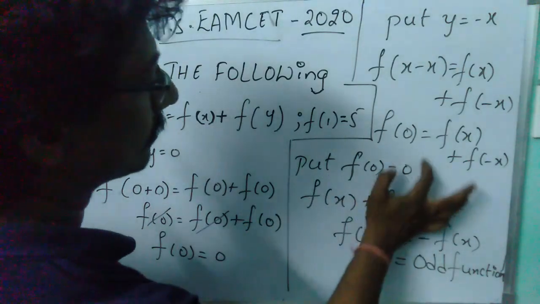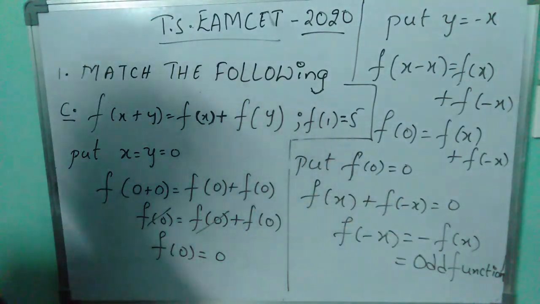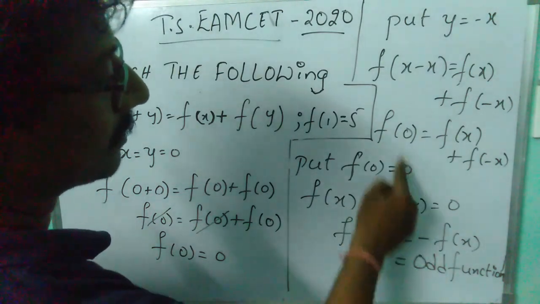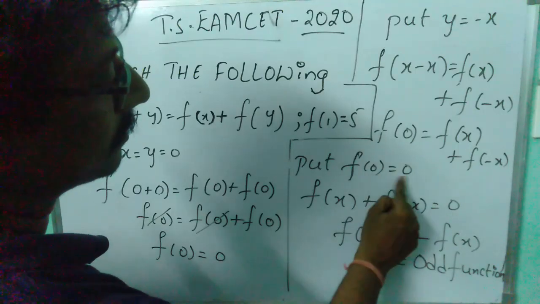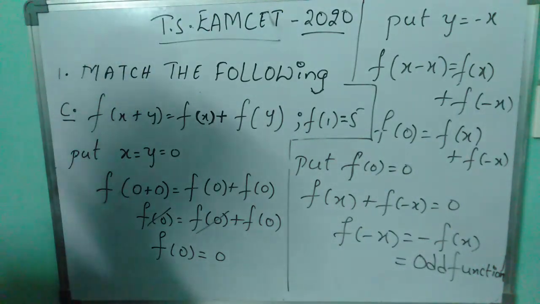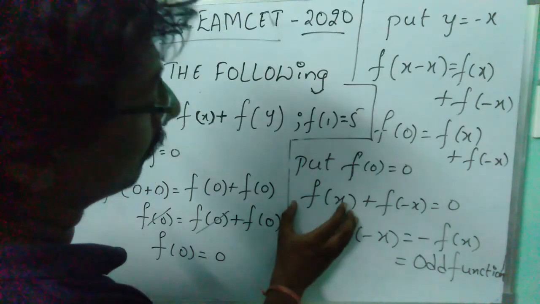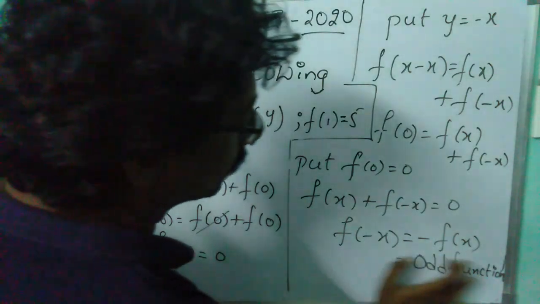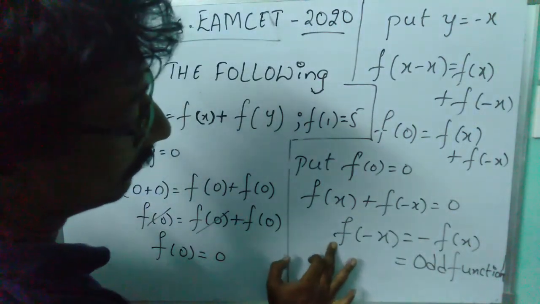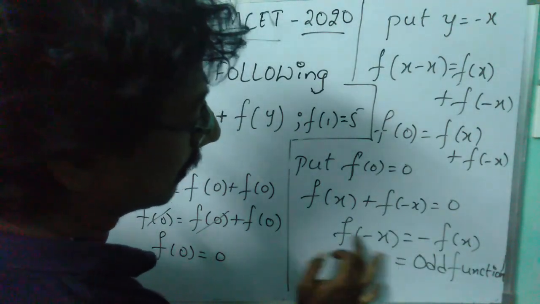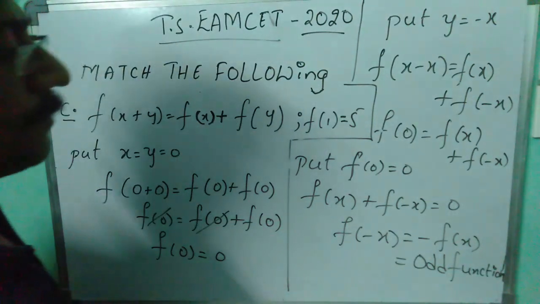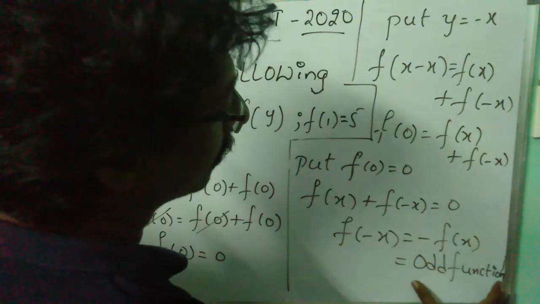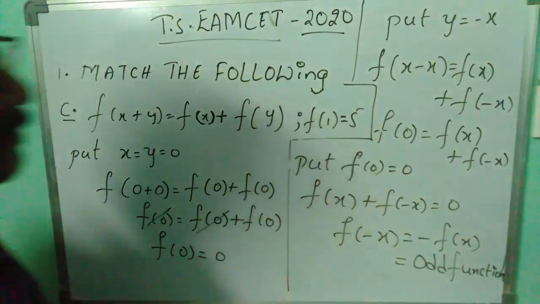Now replace f of 0 equals 0. So finally f of minus x equals, sending f of x to the other side, minus f of x. Most of you know this condition: whenever f of minus x equals minus into f of x, such a function is called an odd function.